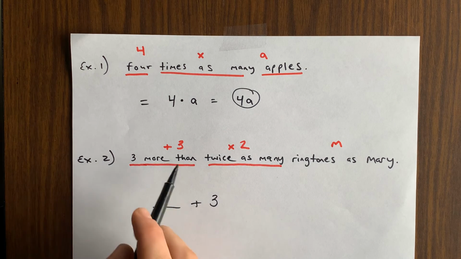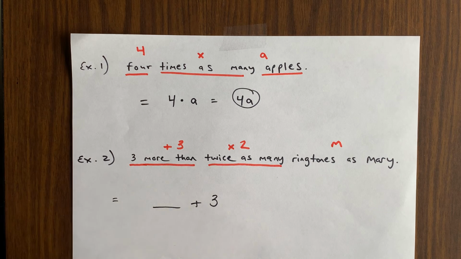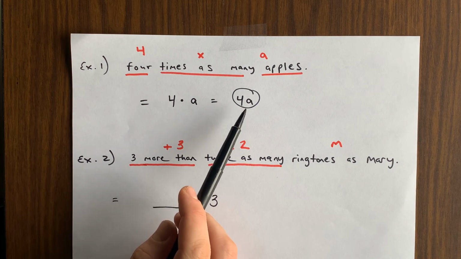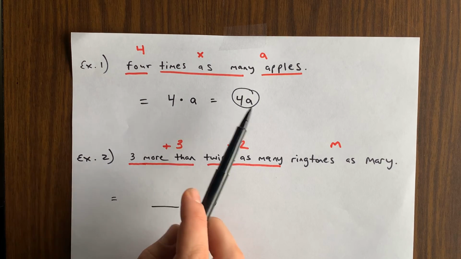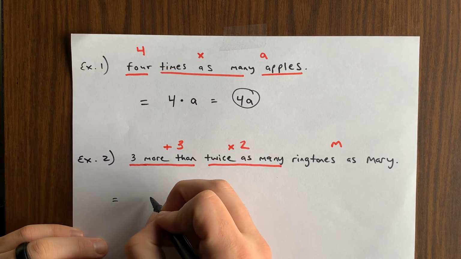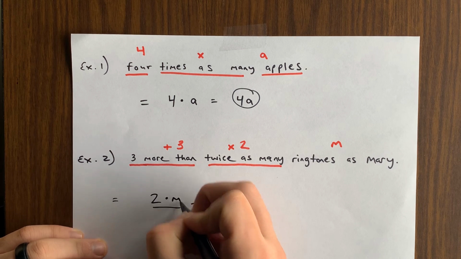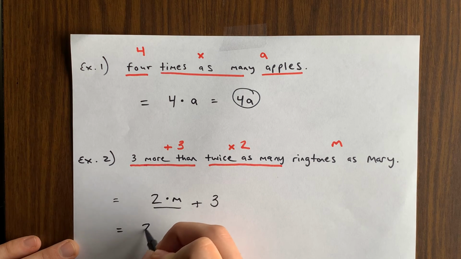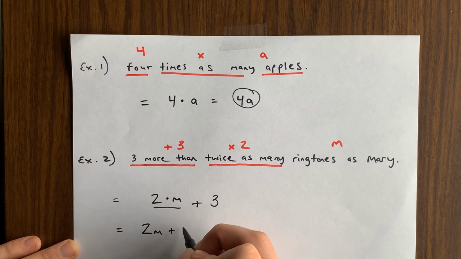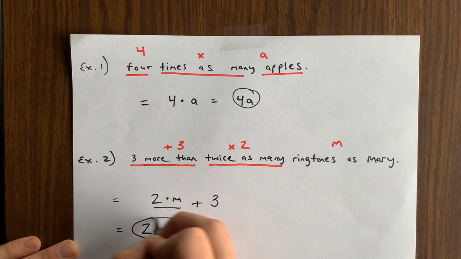So I can get rid of my plus 3. That leaves multiplying by 2 and my variable left. I can do M times 2, or I can write it how we're going to see it in algebra, just 2M. So normally it would be this, but how we're actually going to see it is 2M plus 3.